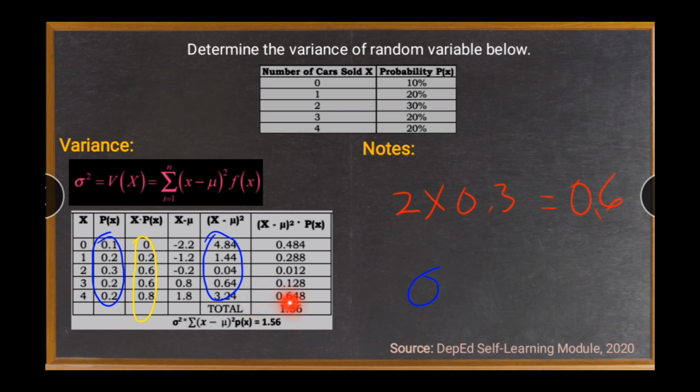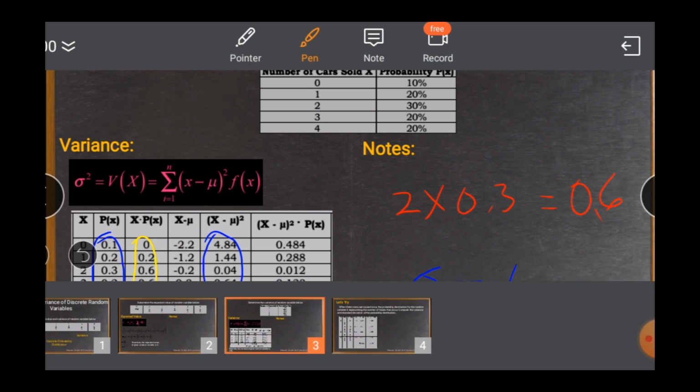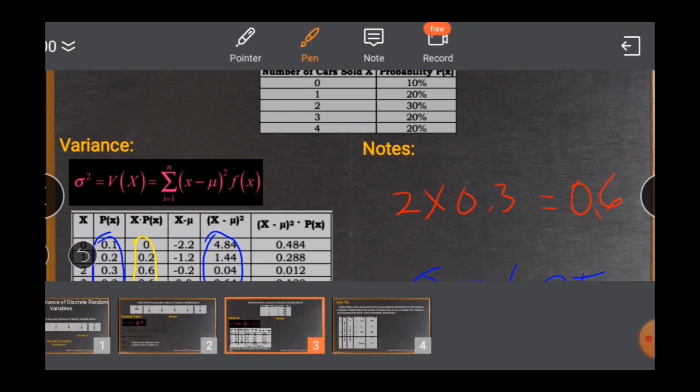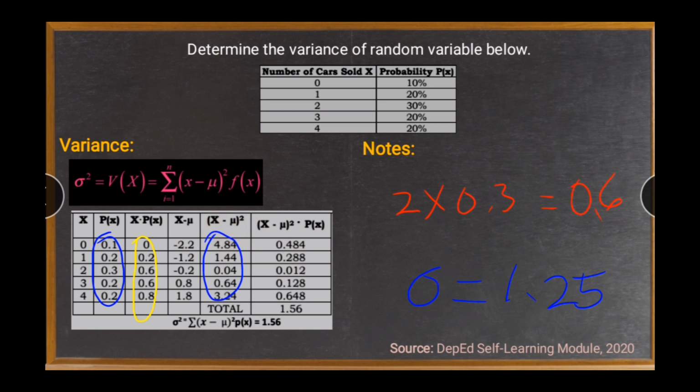And if you are interested in the standard deviation, you will just get the square root of 1.56, and that is equal to 1.25.